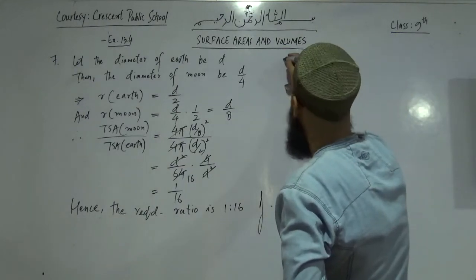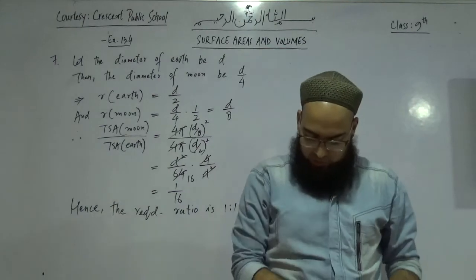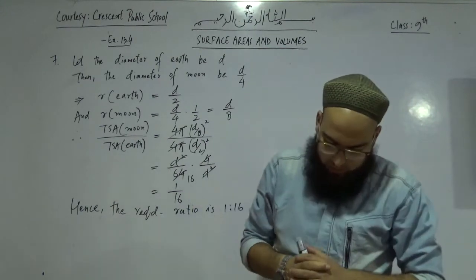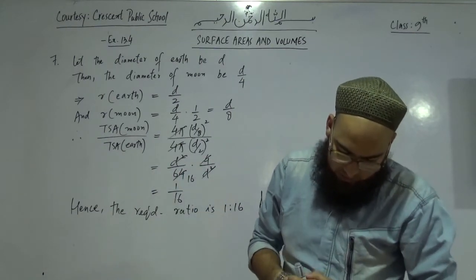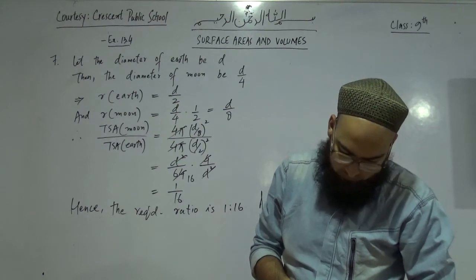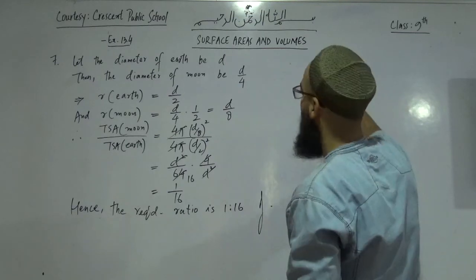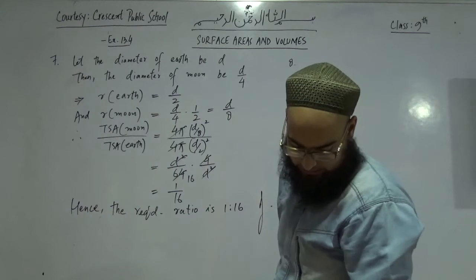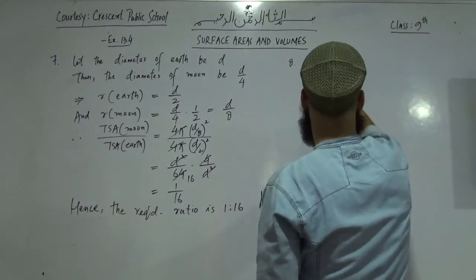Now question number next. It says a hemispherical bowl is made of steel 0.25 centimeter thick. The inner radius of bowl is 5 centimeter. Find the outer curved surface area of the bowl. 0.25 centimeter thick. Let me show this one. It's like a hemispherical bowl. We have a hemispherical bowl with some thickness. So you go like this.